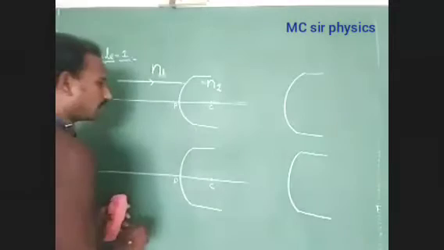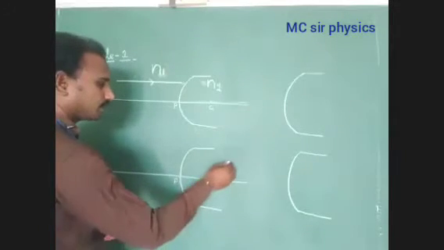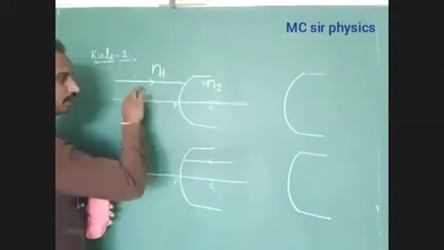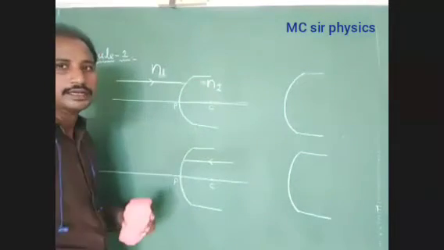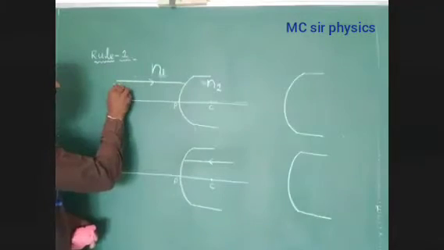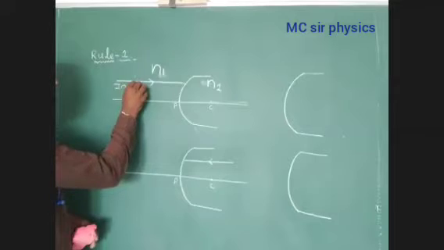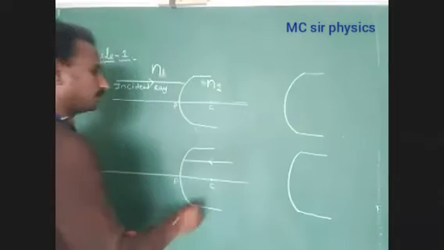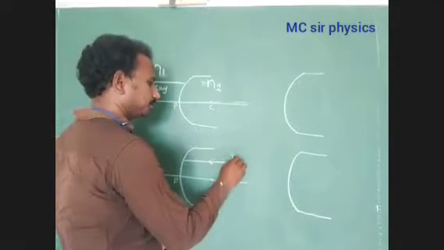The next one, we have to consider the direction of the incident ray from rarer optical medium to denser optical medium. So identify the two incident rays. Here also we have to represent the incident ray.